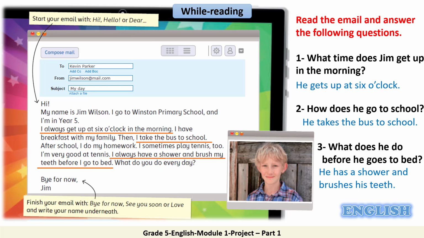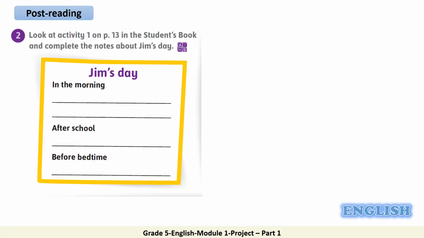Okay, my friends, this is an email about Jim's day and what he always does in the morning, after school, and before bedtime. And this takes us to another activity in your workbook, page 9, activity 2. Look at activity 1 on page 13 in the student's book and complete the notes about Jim's day.